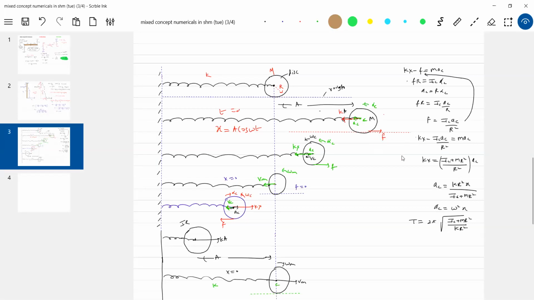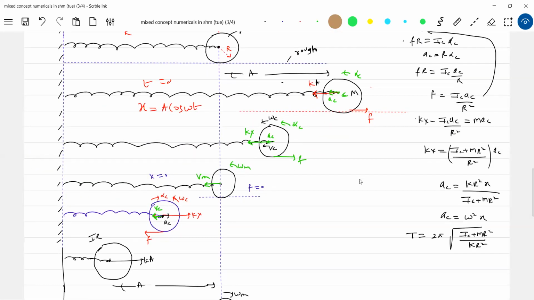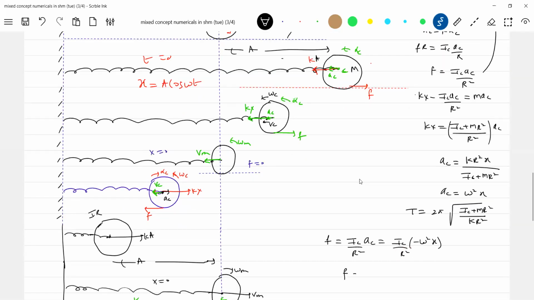So let's write the equation for the friction. This will be F equal to IC by r square times AC. What is AC? I have to bring that negative sign. So finally F is equal to minus IC by r square times omega square x. The friction will be proportional to the negative of displacement.